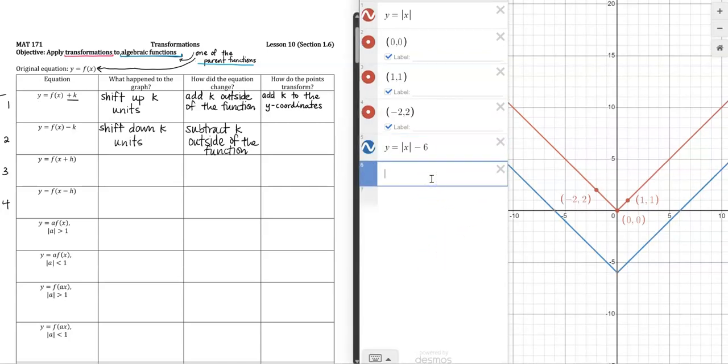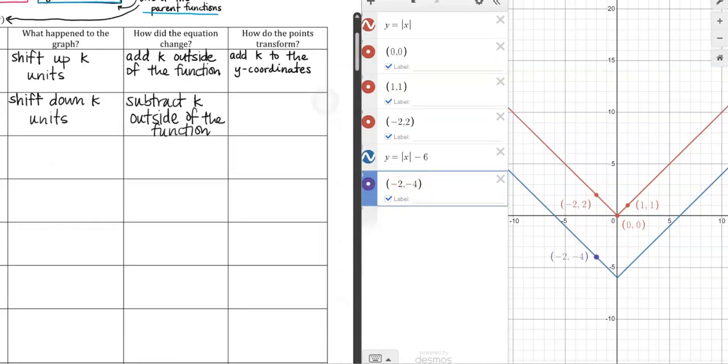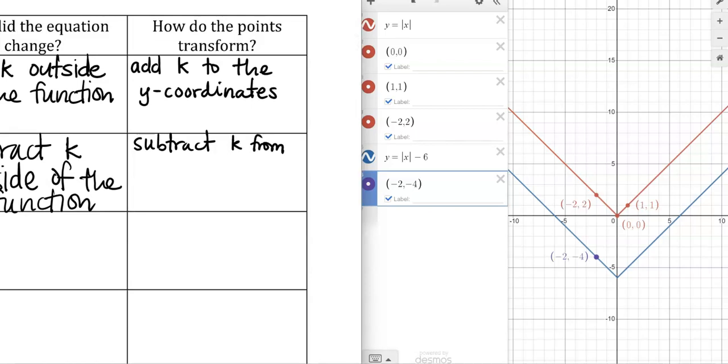I'm sure you can imagine, especially after our answer for the first one. But for example, (-2, 2) is now at (-2, -4), because the graph moved down 6. So how we get the new coordinates is, instead of adding, we subtract k from the y coordinates.